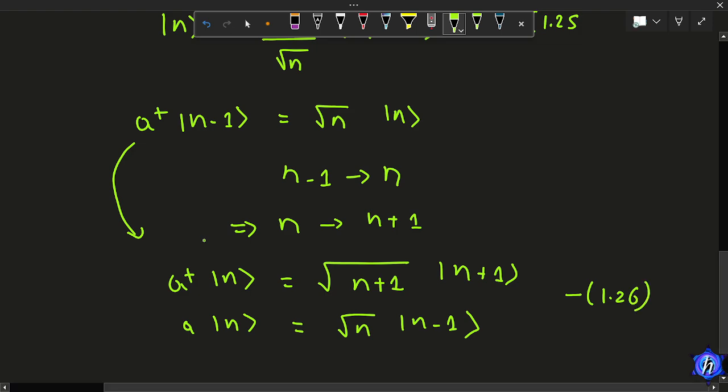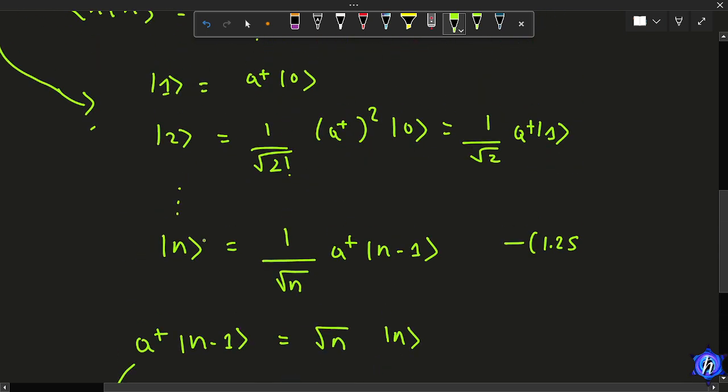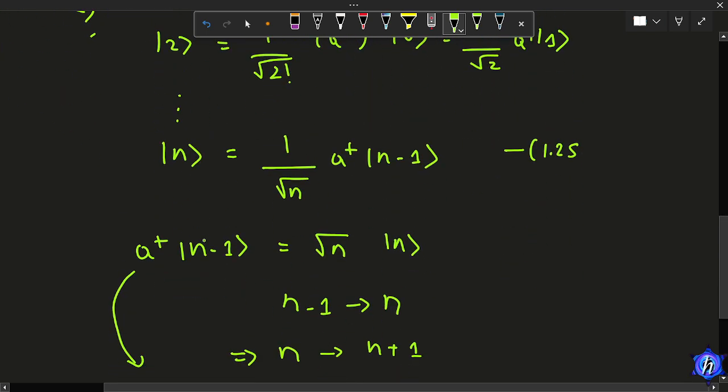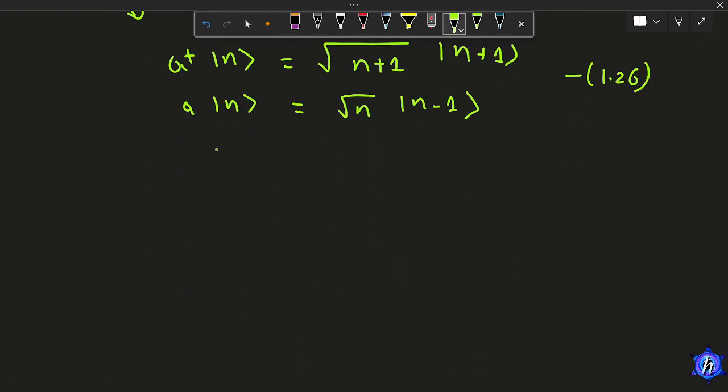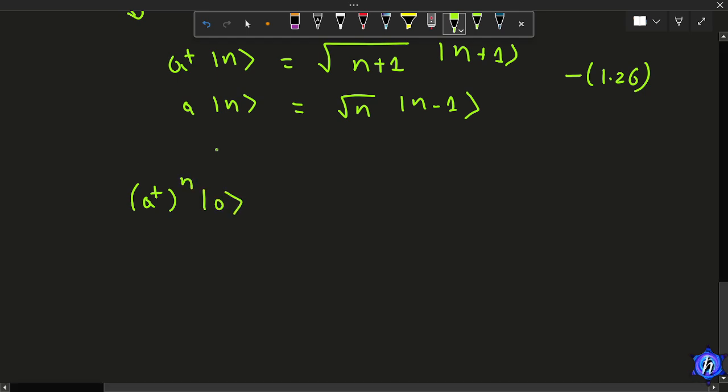So we have a dagger operating on n and a operating on the state n, and these are the values we have currently. We can use this in our equation. So we will have the norm of the nth state as 1 upon n factorial times the bra 0 and a^n, times (a dagger)^n and ket 0.